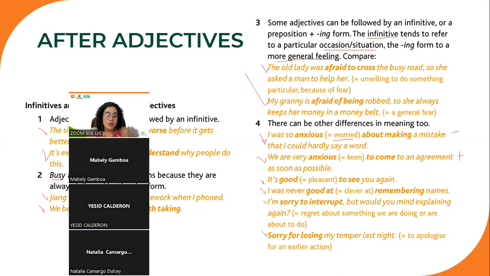If I say, I'm sorry to interrupt, this I'm apologizing for something that I'm doing now or that I am about to do, que estoy a punto de hacer, ¿no? I can say, oh, I'm sorry to say this, but we have to cancel the class, okay? So this is something that I'm doing now or that I'm about to do.